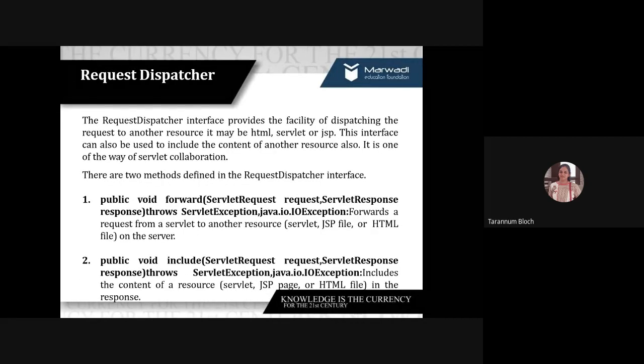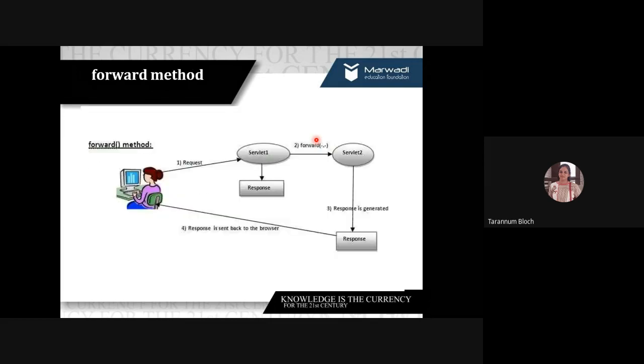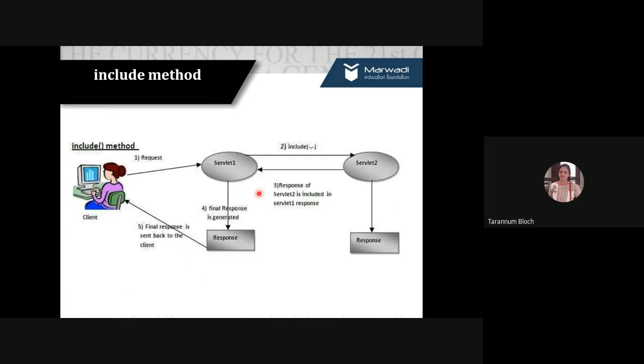In the last session, we also discussed the request dispatcher. The request dispatcher is used to pass the user request from one resource to another resource, and the resource could be an HTML file, servlet, or JSP. So from a servlet, to go to any specified resource, you can use the forward or include method. The forward method does not include the intermediate output, whereas the include method combines the response, and then the final response is sent to the client.